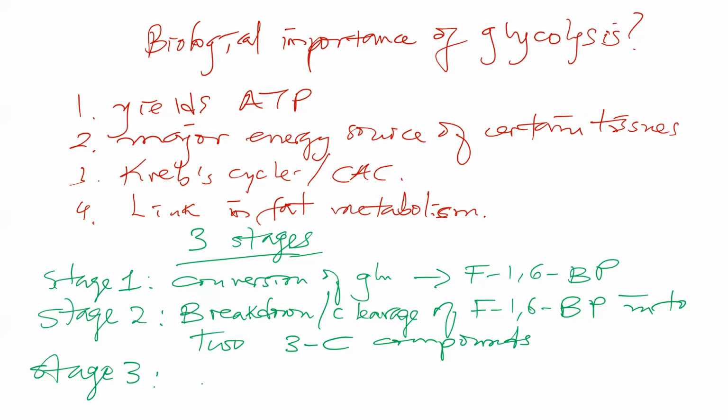So these are the 3 stages involved in glycolysis: conversion of glucose into fructose 1,6-bisphosphate, breakdown of the produced compound into 3-carbon compounds, and the harvesting of ATP.